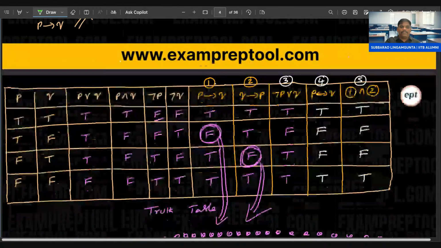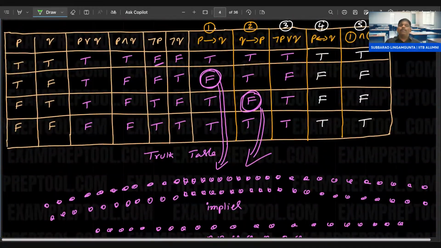Then we started drawing the truth tables, and constructed many of them.